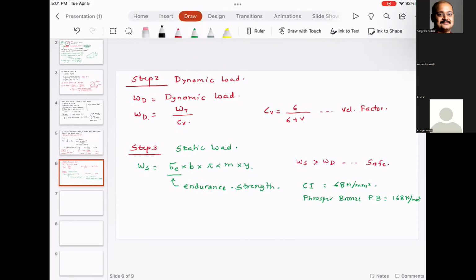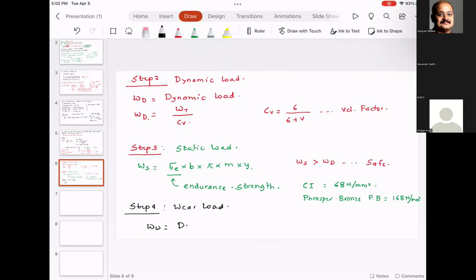Then next step, step 4, is the concept called wear load. So how do we find out the wear load?